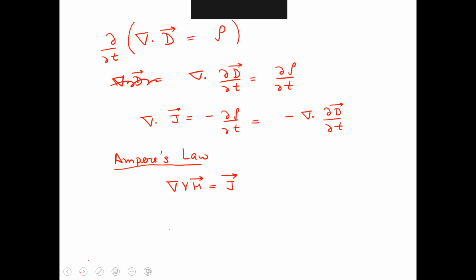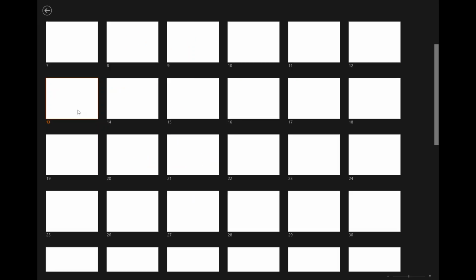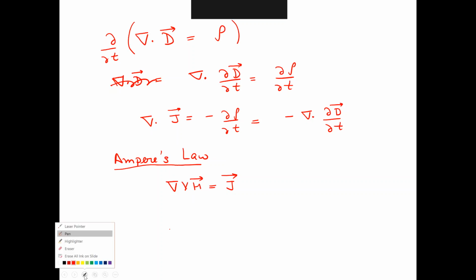This part, related to this law, del D by del T, is called displacement current.